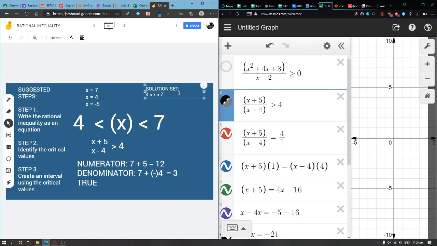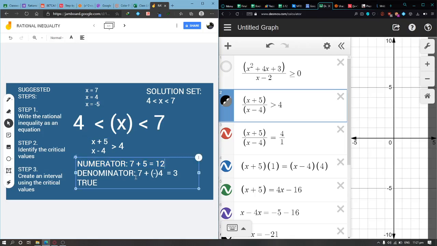So let us try to come up with another set of solution. Next, if we will try any number greater than 7, we will try 8.